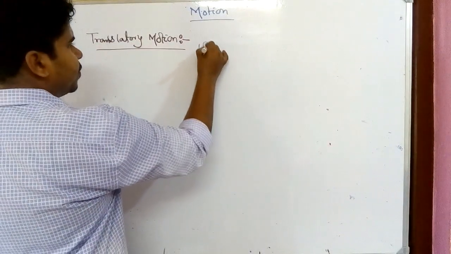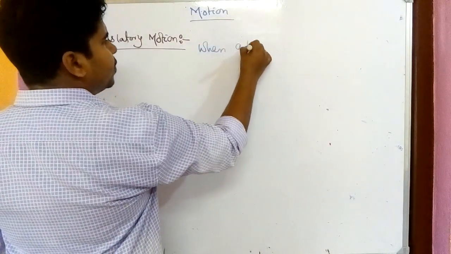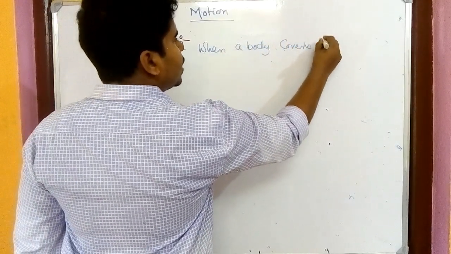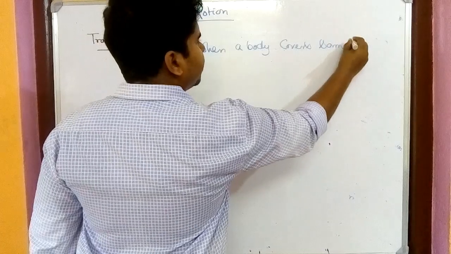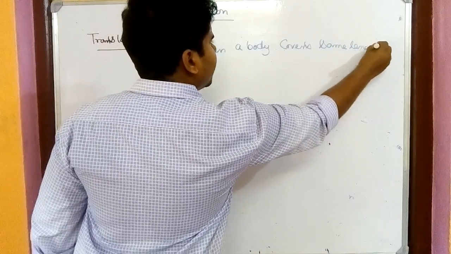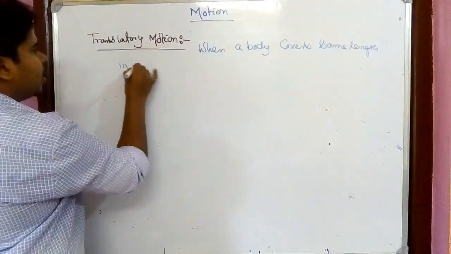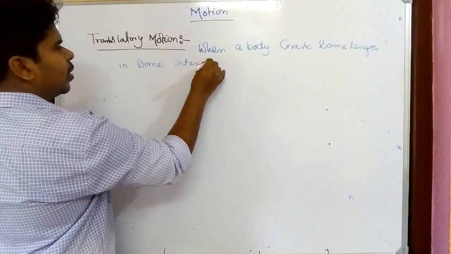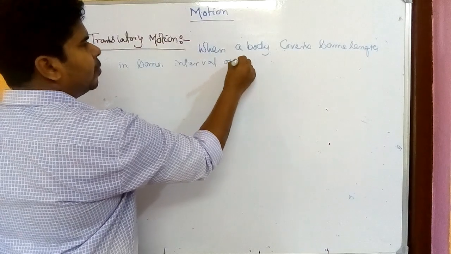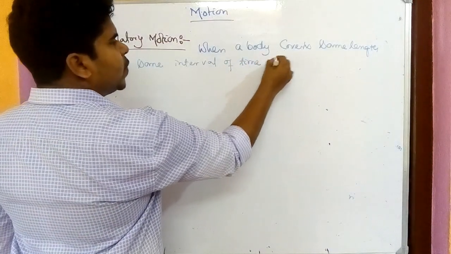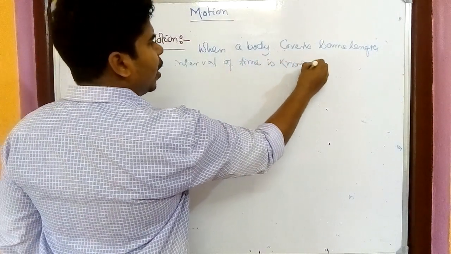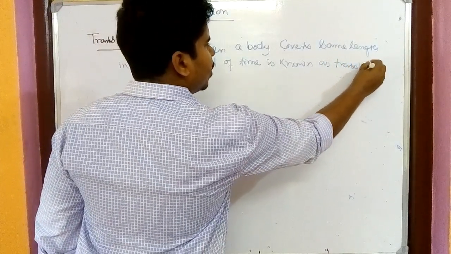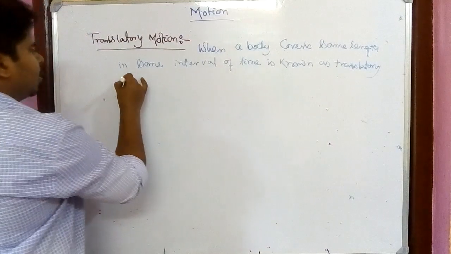So, when a body covers same length in same interval of time is known as translatory motion.